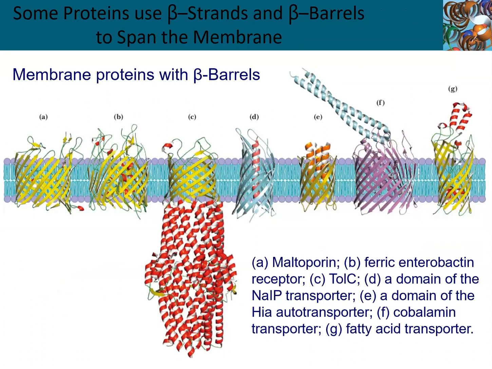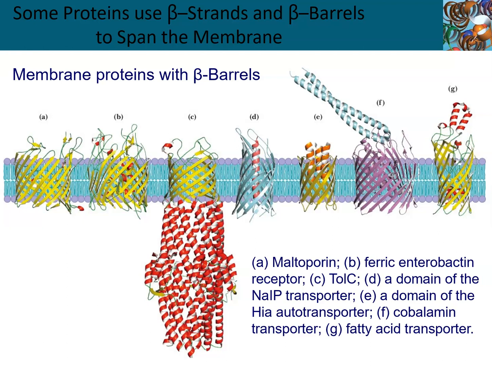Here we have beta sheets, which are wrapping around in their saddle type structure, full circle to form a beta barrel. And these barrels can have large regulatory regions like we see in the structure of C and F, or they can be relatively simple like we see in A.